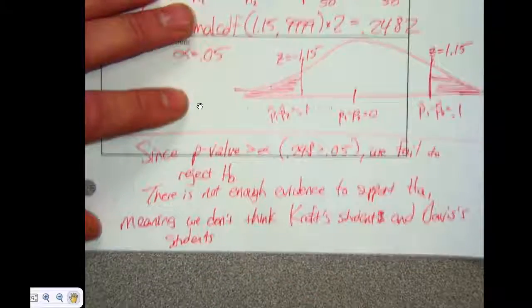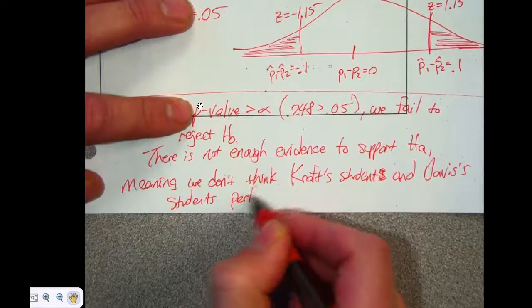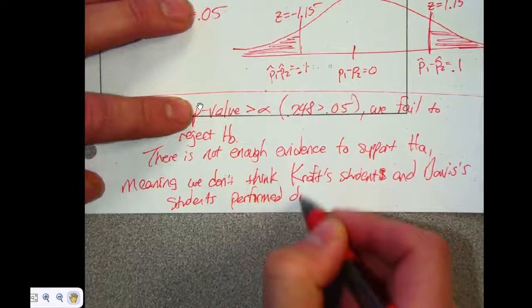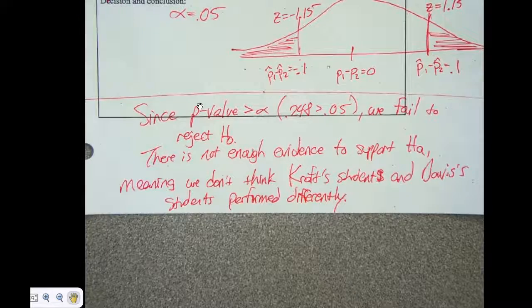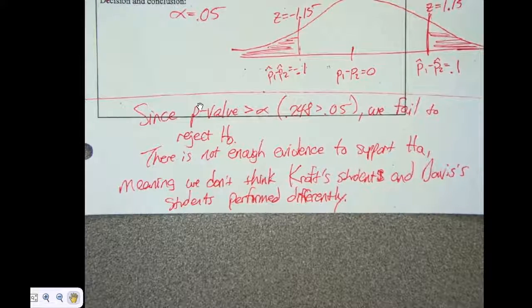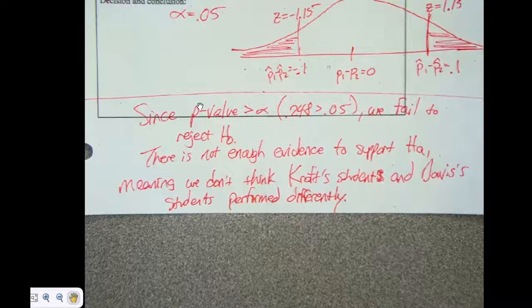That'd be one way to write it. So I can't necessarily say that they're the exact same, but I'm not convinced that they're different. Again, same exact writing out process as before. We're going to reject or fail to reject H0. If there's not enough evidence for HA, then we talk about what that means. Questions on that problem anyway?